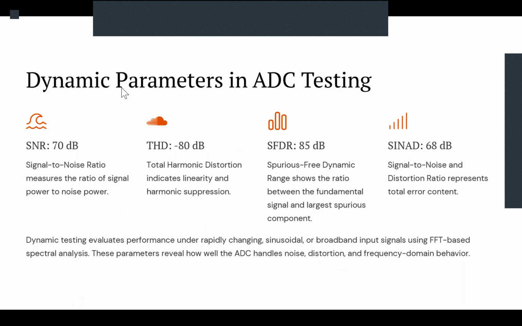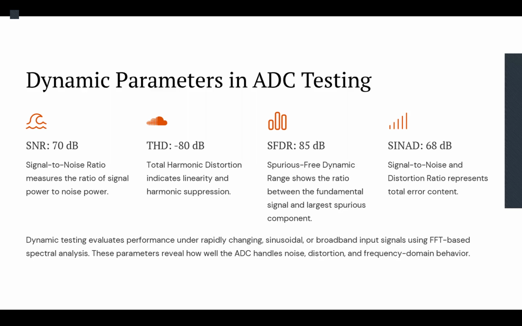We said that the static parameters analyze the ADC's behavior with slowly varying input. But on the contrary, the dynamic parameters measure how well an ADC performs when we have rapidly changing signals, like sine wave or modulated inputs.